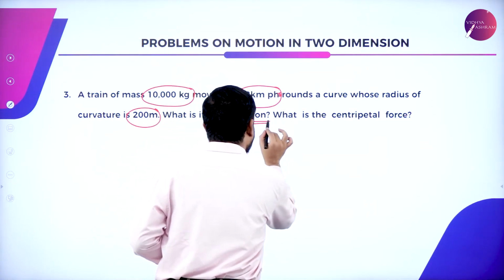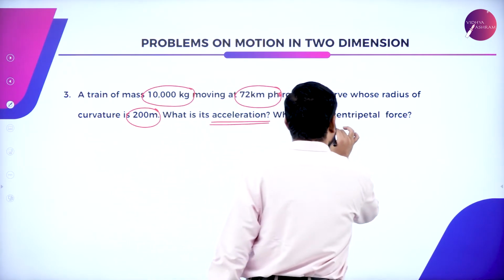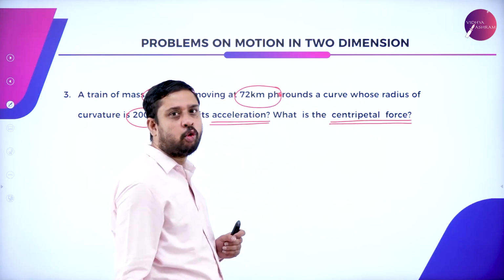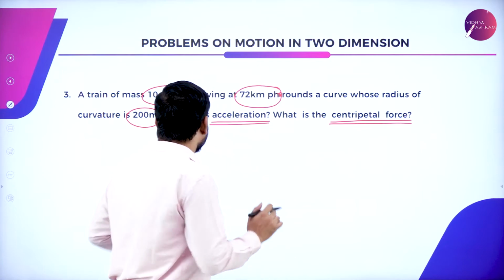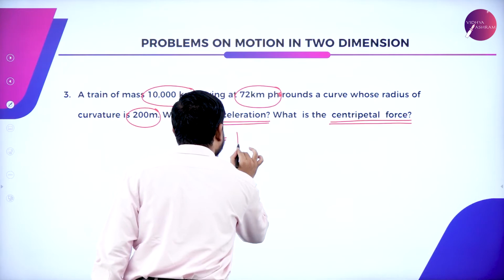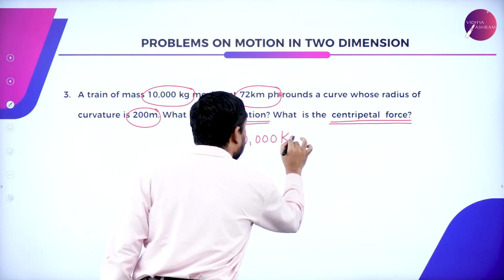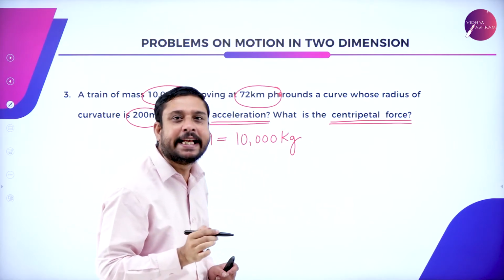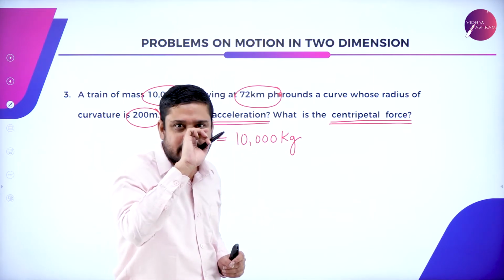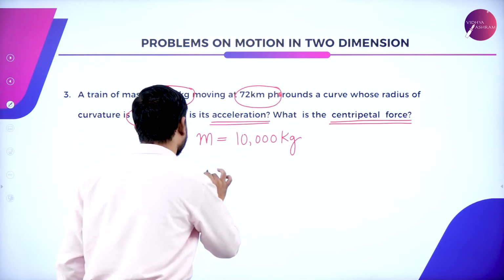Calculate its acceleration as well as calculate the centripetal force. So there is a train whose mass is 10,000 kg. So the mass of the train is given. It is moving with 72 kilometers per hour.